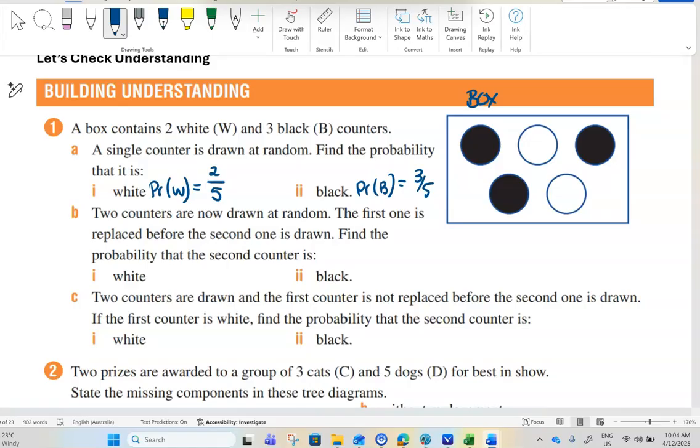So the probability it's white on your second counter, would that not be 2 out of 5? Yeah? Because you're at your second choice, you've got 2 out of 5. And what's the probability that it's black on your second draw? Because you put them back in, isn't it the same option? Yeah, it's still 3 out of 5.